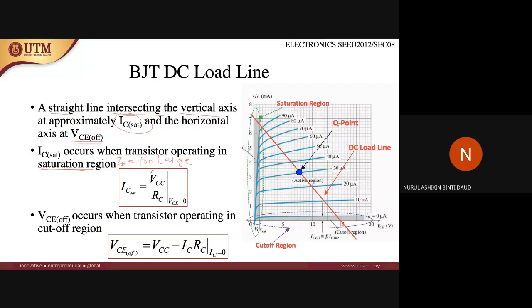IC saturation is VCC divided by RC when VCE is 0. It means that there is so much current that the potential drop at the collector resistor is too big, until no voltage is left at the VCE.